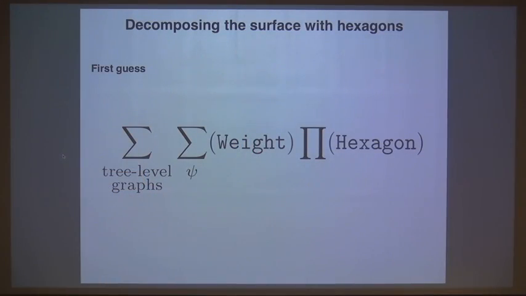Well, it is actually not very hard to guess what we need to do for the non-planar surfaces, because what we have been doing is to take some Riemann surface, or take some pair of pants, or the 4-puncture sphere, and then decompose it into a bunch of hexagons and glue them back together by summing over all possible intermediate states. It is not so hard to do the same also for non-planar surfaces. So basically, what you need to do is to cut it into hexagons and multiply some weight factor and sum over all possible states, and also do something like moduli space integrals.